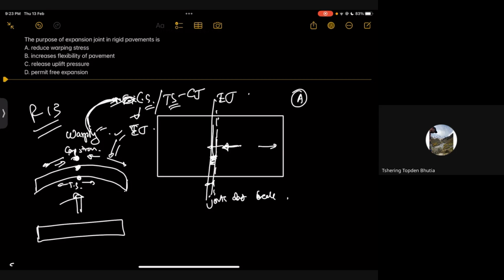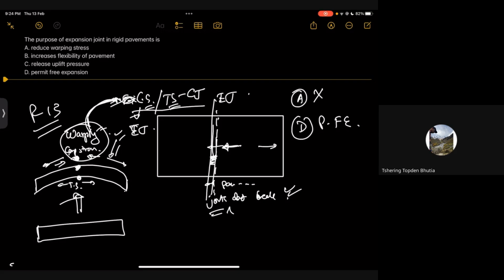Joints are created so that the pavement does not break. So it is not reducing warping stress, but it is permitting free expansion. The purpose of an expansion joint is to permit free expansion of rigid pavement. Okay guys, did you understand? You can give me a thumbs down.